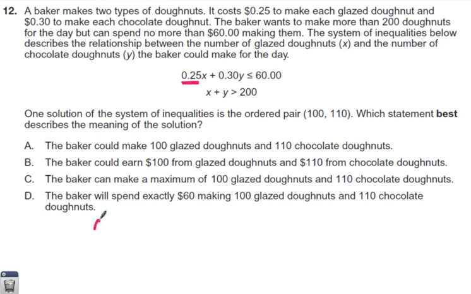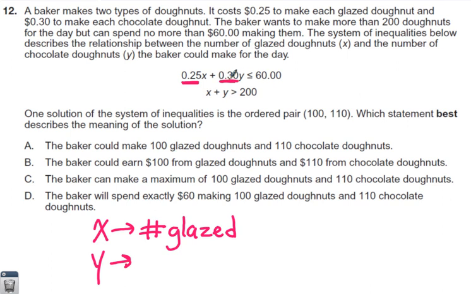So wouldn't X need to be the number of glazed? And the Y, since it's being multiplied to the 0.30, wouldn't Y need to be the number of chocolate? If I could spell chocolate correctly, that'd be nice. Chocolate.